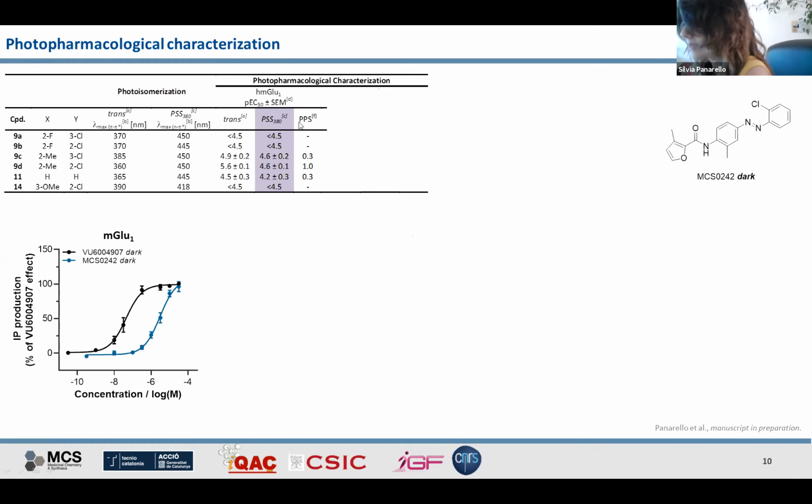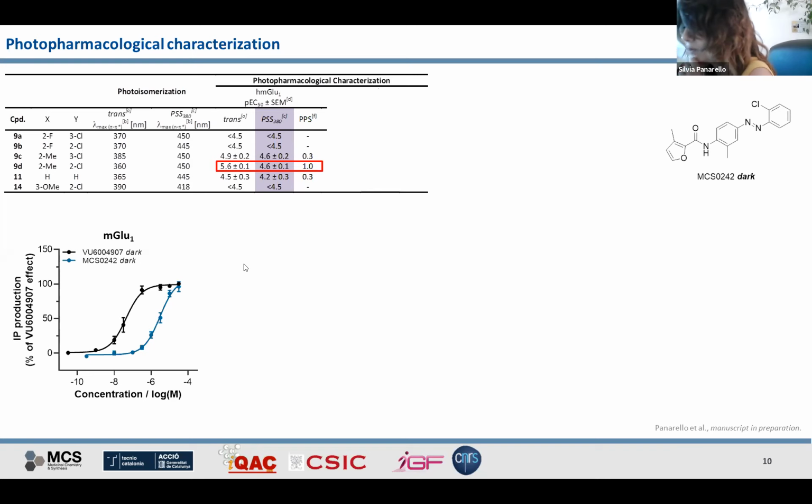And from this set of analogs, the compound 9D, also called MCS0242, provided the most relevant results with moderate activity as mGlu1 PAM in dark condition. Its potency is clearly lower than the parent compound here depicted in dark.